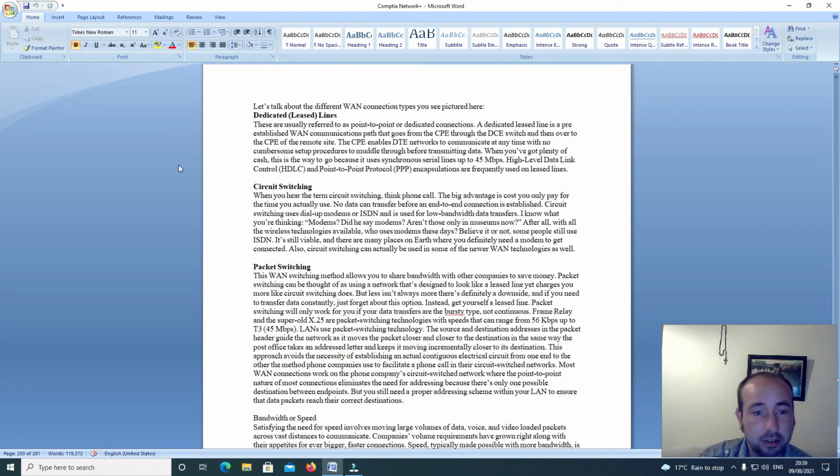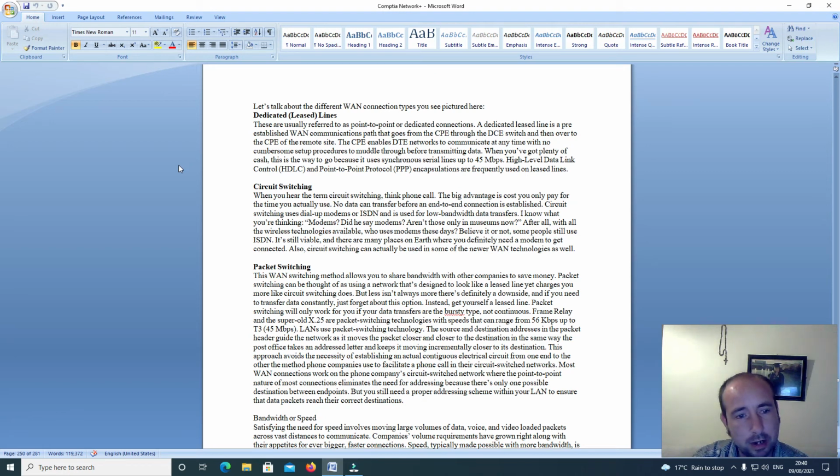Dedicated leased lines. These are actually referred to as point-to-point or dedicated connections. A dedicated leased line is a pre-established WAN communications path that goes from the CPE through the DCE switch and then over to the CPE of the remote site. The CPE enables DTE networks to communicate at any time with no cumbersome set of procedures to muddle through before transmitting data.